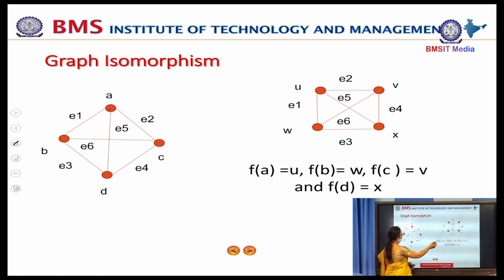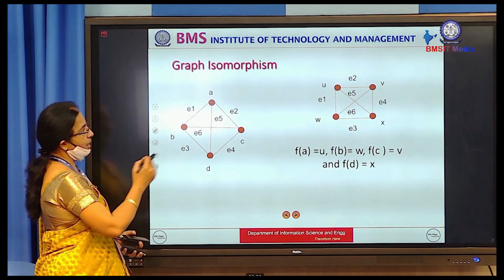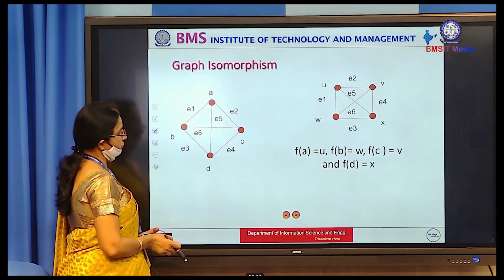So f(A) is mapped to U, f(B) is mapped to W, f(C) is mapped to V, and f(D) is mapped to X. Means A is mapped to U, B is mapped to W, D is mapped to X, and C is mapped to V. Now all 4 vertices are mapped to all the 4 vertices in graph G2.